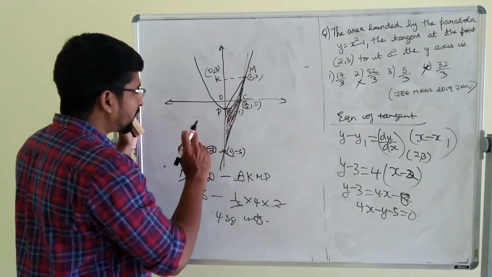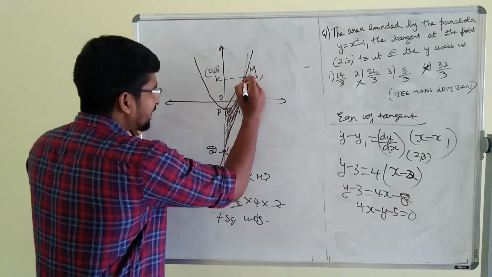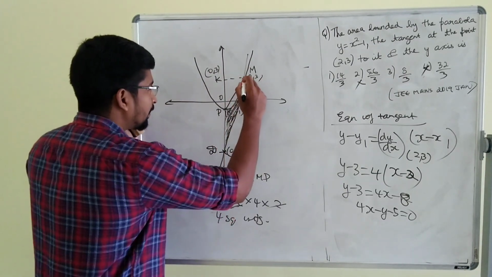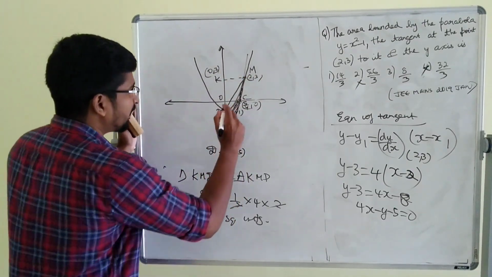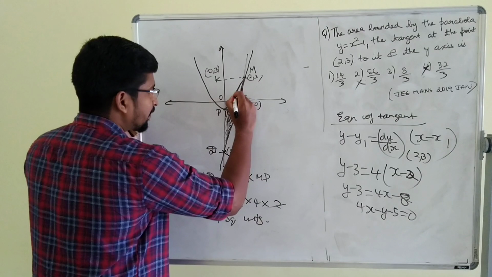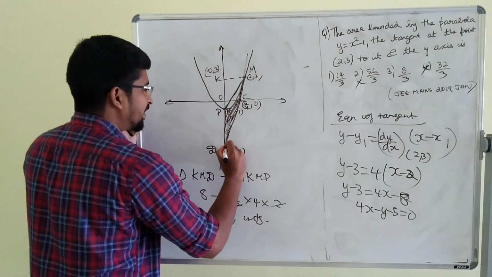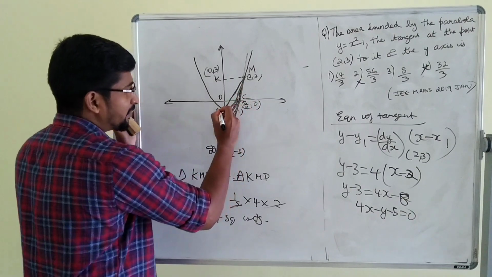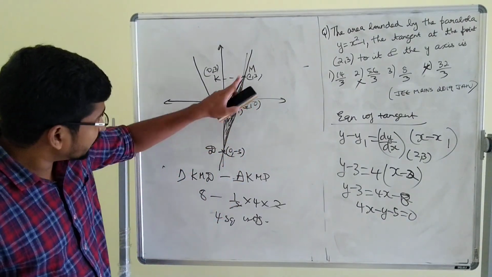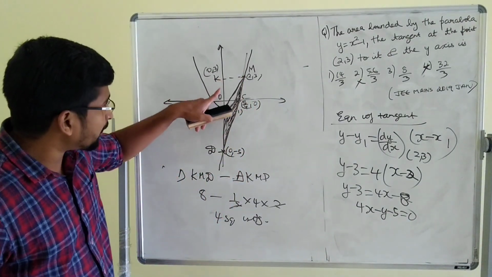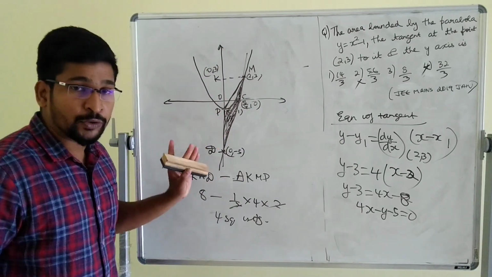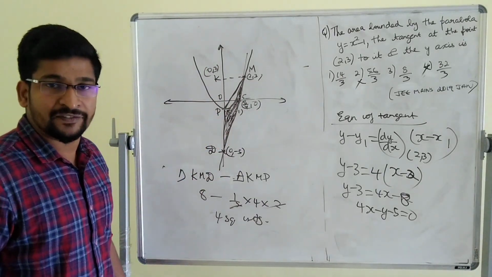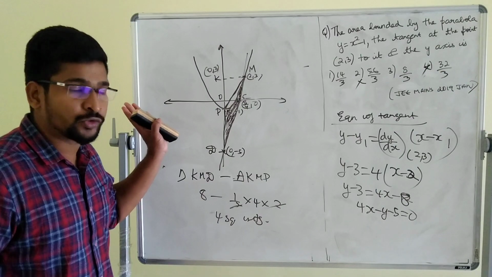Now when you see over here, this much area is going to be 4 square units. This much area involves this part also. So our required area, which is this much, understood the difference? This much area is 4 square units because we have subtracted this much area. So our required area is surely going to be lesser than 4. From this we are 100% sure it is going to be lesser than 4.